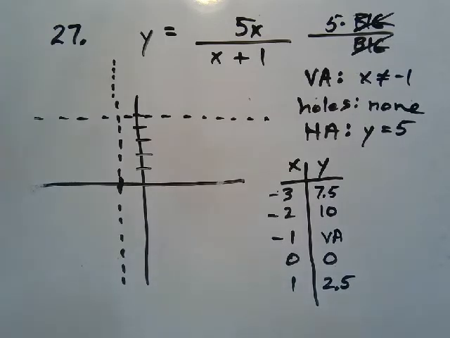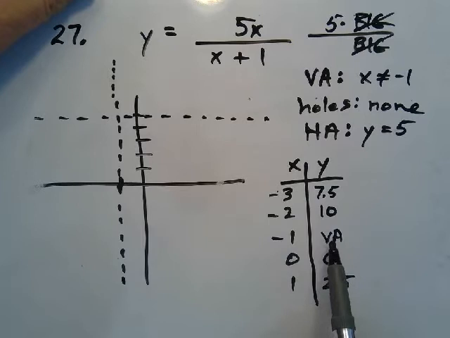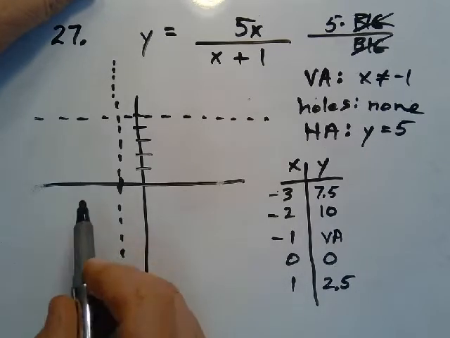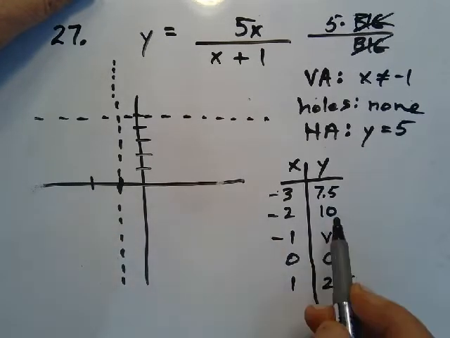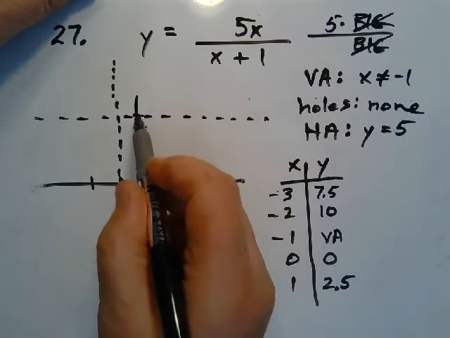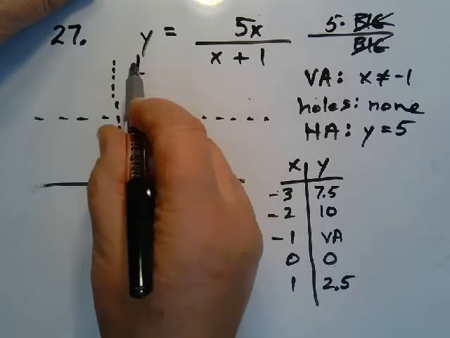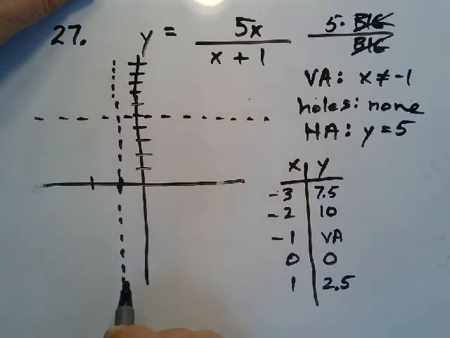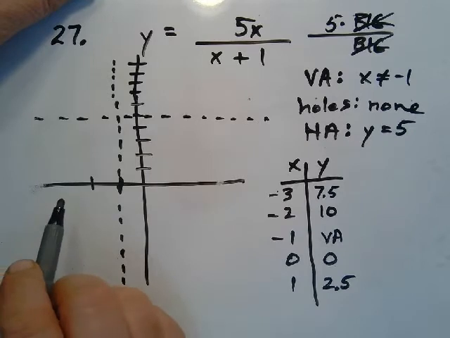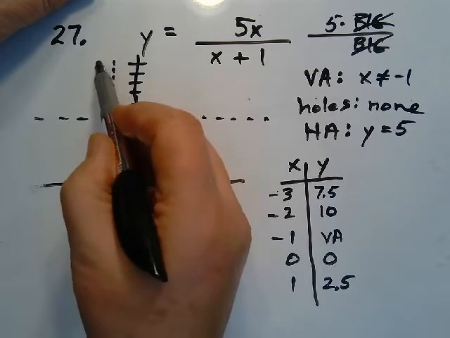All right, I've gone ahead and jotted those numbers down that we pulled from the table. Again, that's second table. So here we go. We know the vertical asymptote is at -1. At -2, it's 10. So 1, 2, 3, 4, 5, 6, 7, 8, 9, 10. Oops. -2 is at 10, way up here.